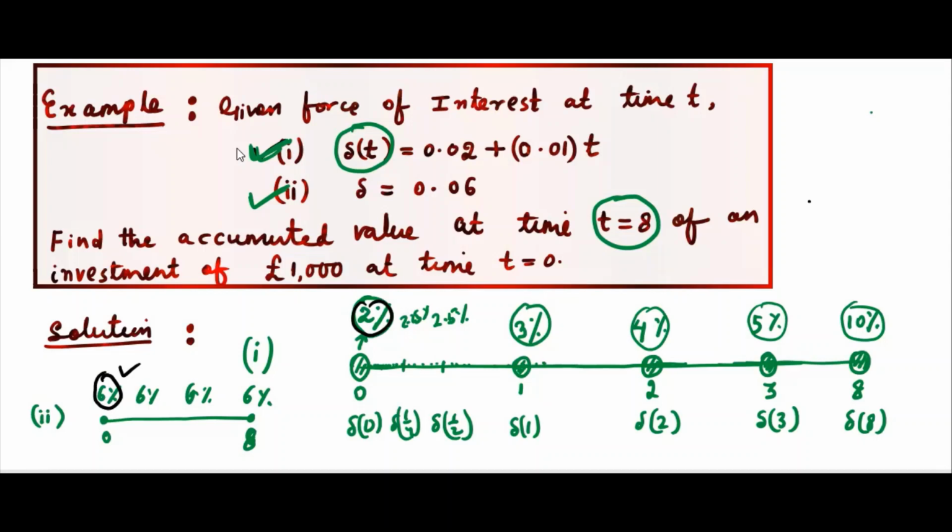If you compare time 3, here it's 5%, this is better, 6%. However, if you compare at time 8, it's 10% here, it's 6% here, this is better. Here 6% at each point, though measurable in a year, there is nothing called instant interest rate. Instant interest rate here is 6% measured annually. That way, everything you can decide.